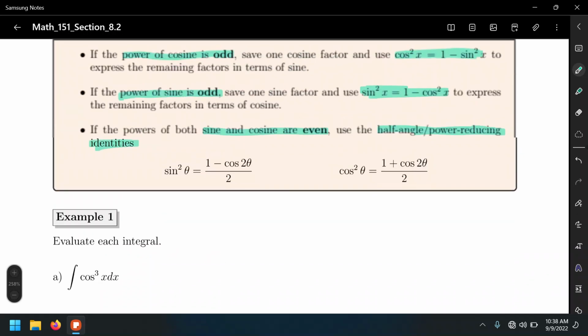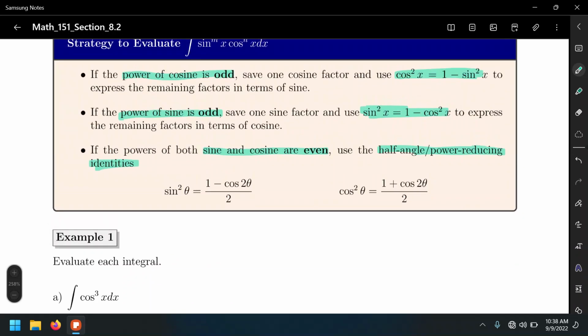In this case, we have some techniques right here. Number one, what is the parity of the power of cosine? Is it even or odd? It's odd, right? So we have an odd power of cosine. What do we do? Save one cosine factor and then use the identity.